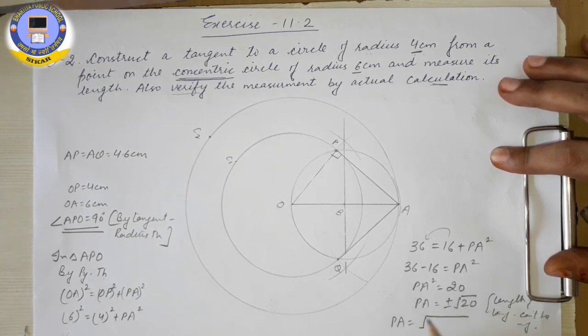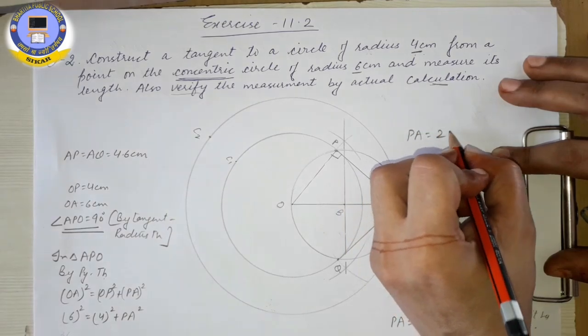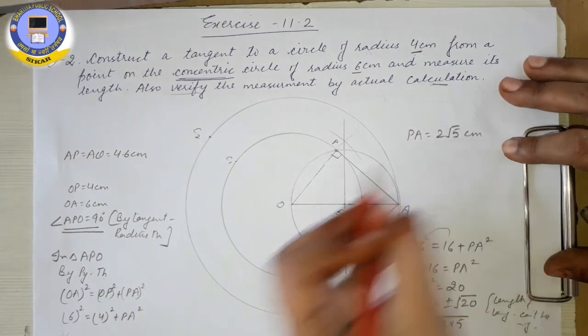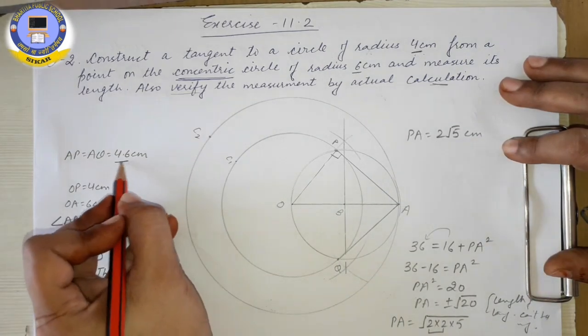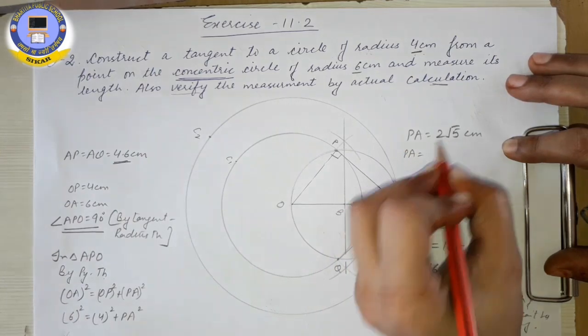Do prime factorization of 20. 2 multiply 2 multiply 5. So can we take 2 outside? So from here we will get PA is equal to 2 under root 5 centimeter. Now to get the exact value, because here by measurement 4.6 centimeter came, we need to put the value of under root 5.